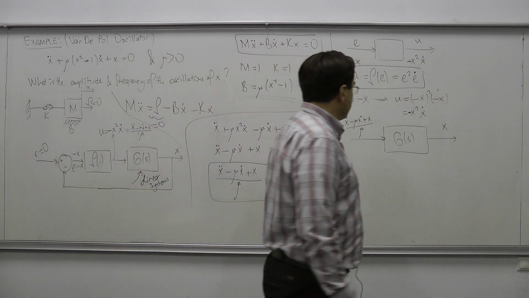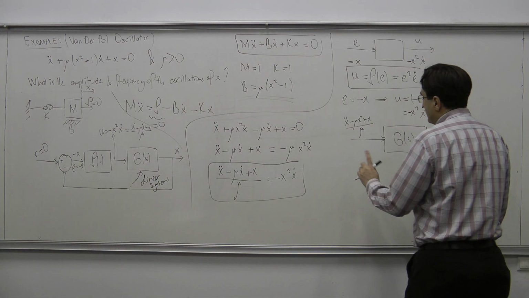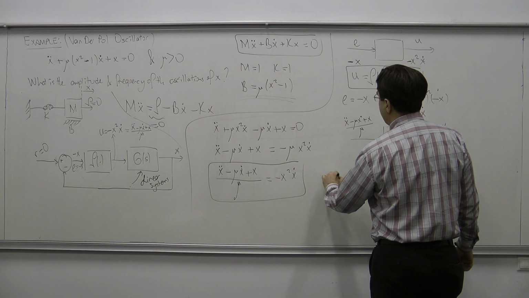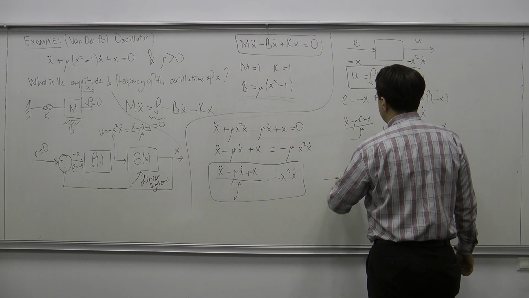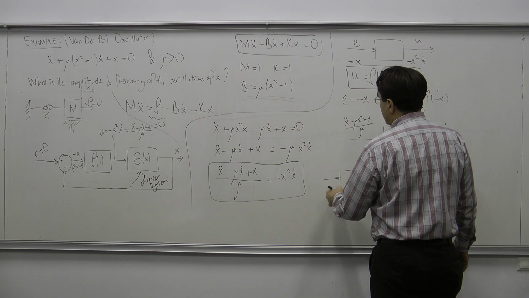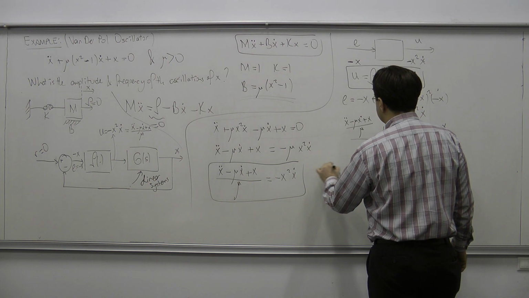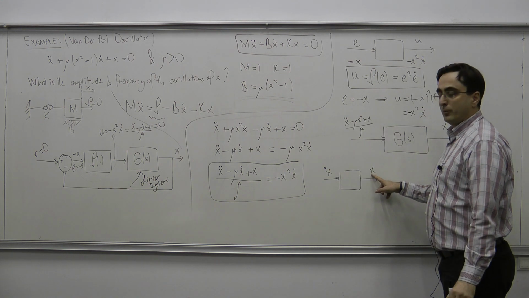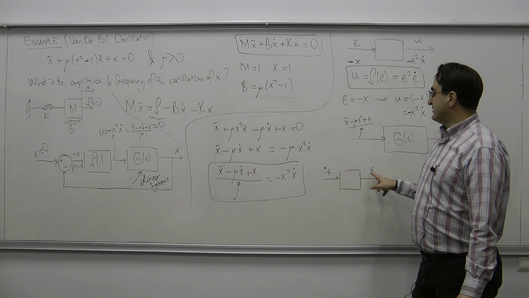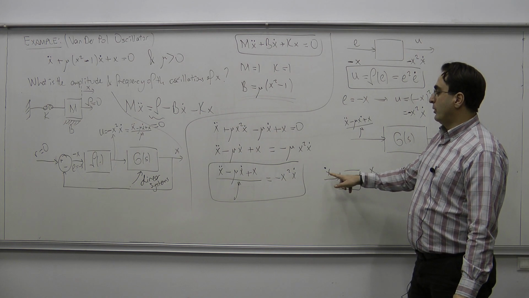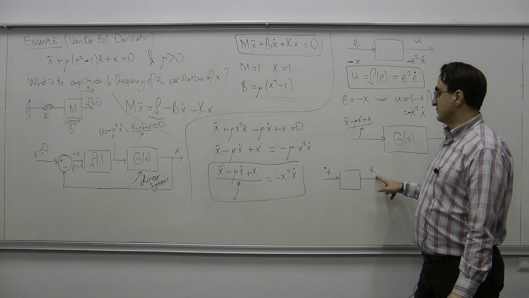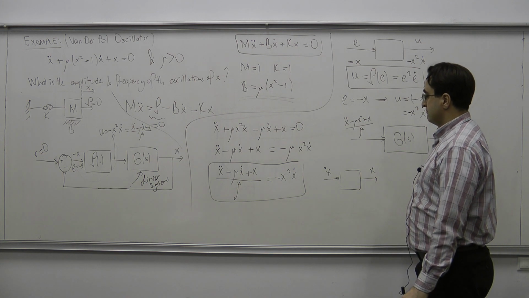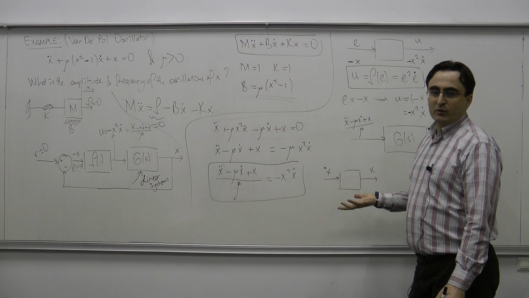So this question might look strange to you, but when I try to look at some basic cases, you would understand what we would need. Suppose that this is x dot, and suppose that you would like to obtain x. What linear system converts x dot into x? X dot is the derivative of x.